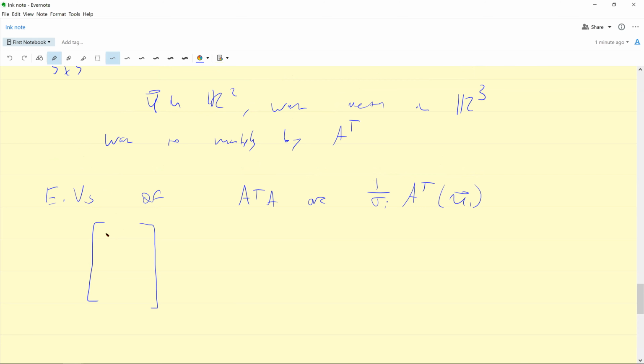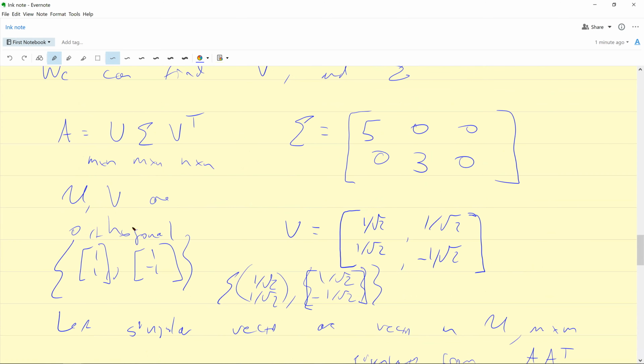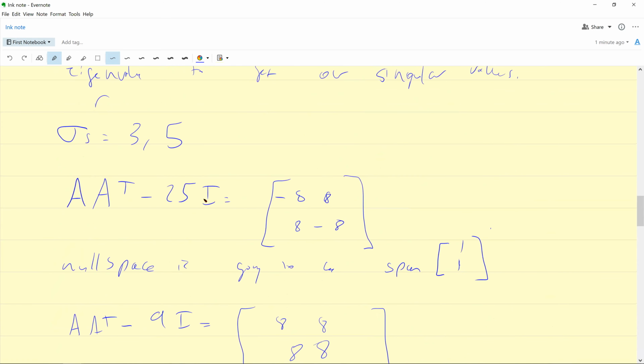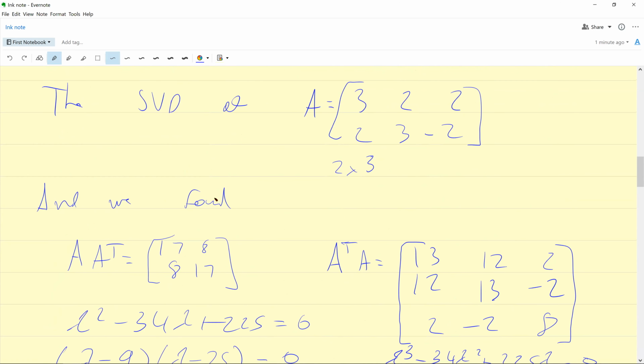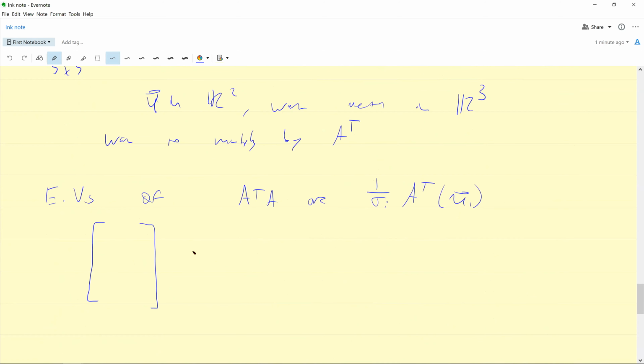I don't actually have the original problem pulled up anymore to do. So 3, 2, 2, 2, 3, minus 2. Two, 2, 2, 3, minus 2. And then we're going to multiply each eigenvector.